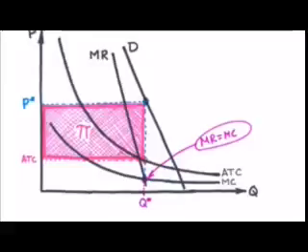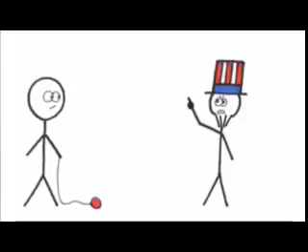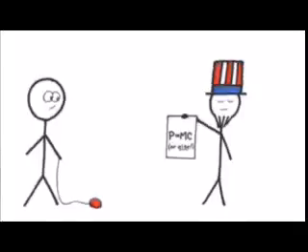Now, what happens if the government steps in and tries to make this firm behave more like a competitive industry? In a competitive market, price ends up being equal to marginal cost, and this somehow seems fair to us, because then the price tag is just equal to the additional cost on the last unit produced. What happens if the government decides to subject the natural monopolist to marginal cost pricing?